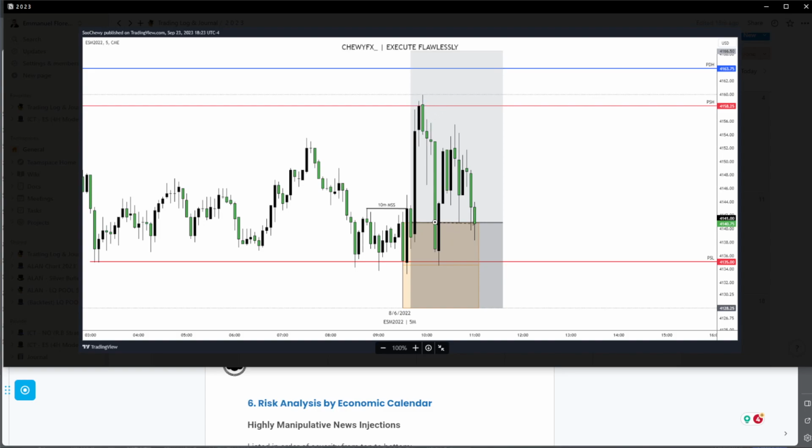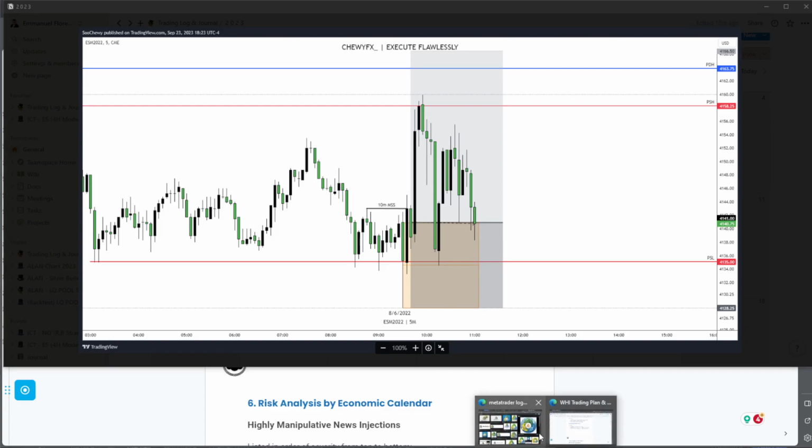We should be setting our break even because it should have no reason to be returning all the way down here back to our order block. It should just be continuing its path unless this is just one huge Judas swing, which, look at the time that this occurred, between 9 and 10 a.m., which is approximately when we can expect a Judas swing if it occurs. So that invalidated the trade in that sense.